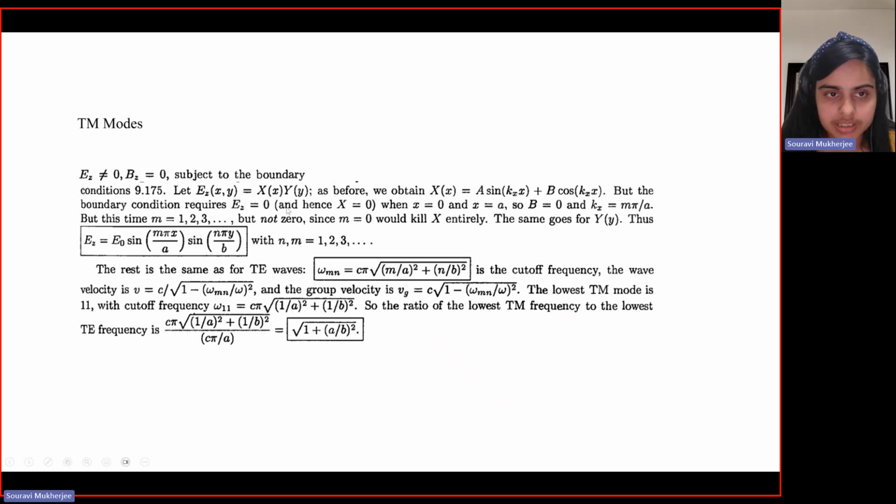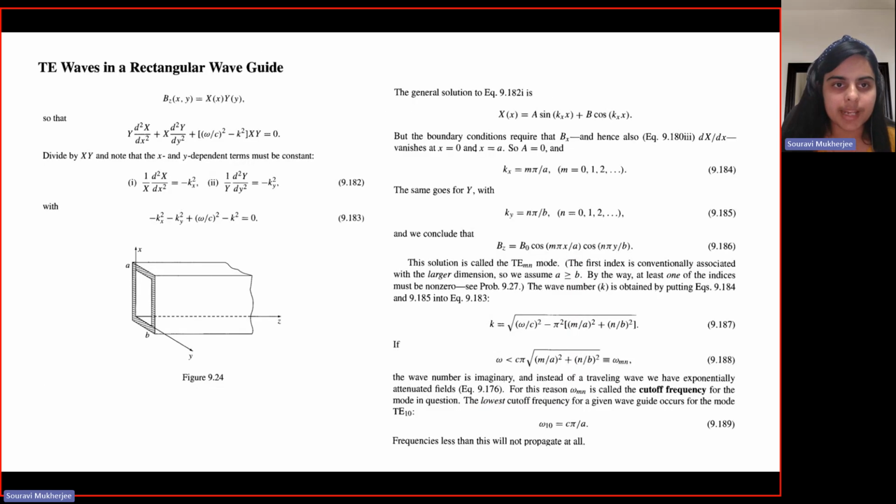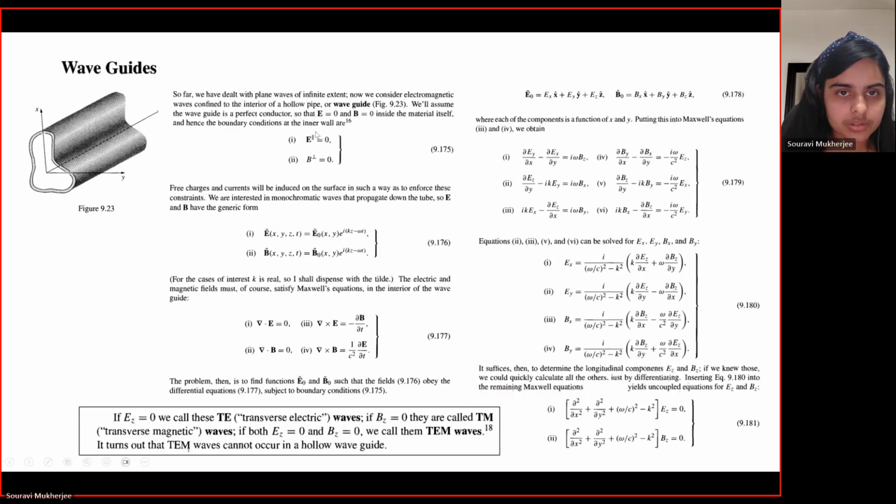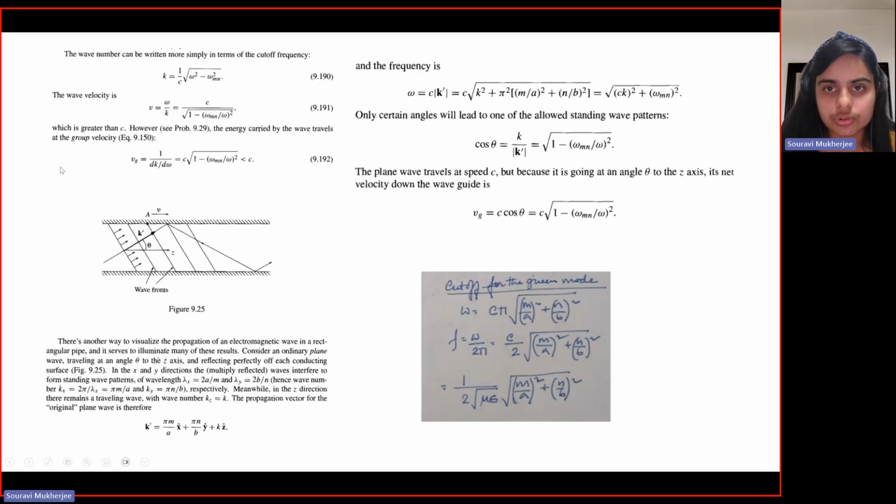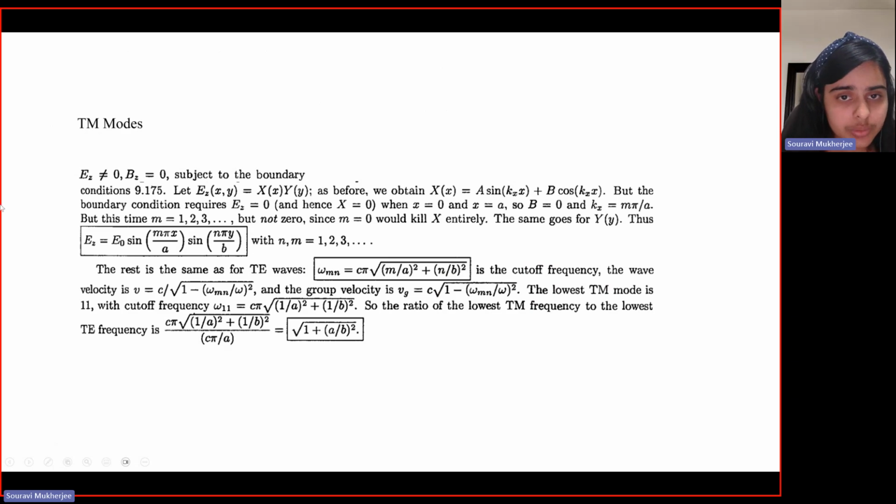So here you can see that for electric fields, we know that the parallel components, the tangential components, should go to 0 at the inner wall. That means here your Ez should go to 0. Initially, what we were seeing is the normal components for magnetic fields were going to 0, so we had to have Bx to be 0.